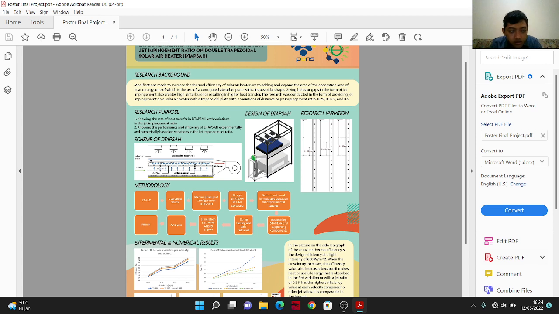The absorber plate receives radiation energy from a halogen lamp with uniform heat flux, and after that the hot air flows to the air outlet.